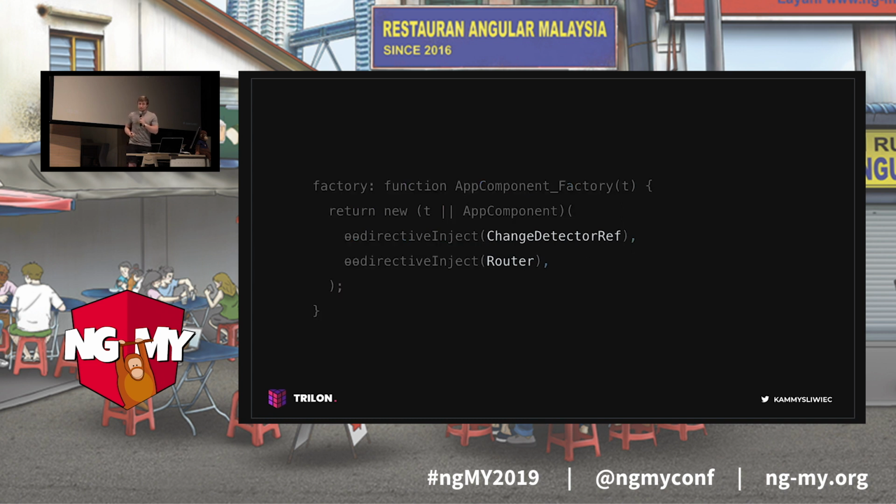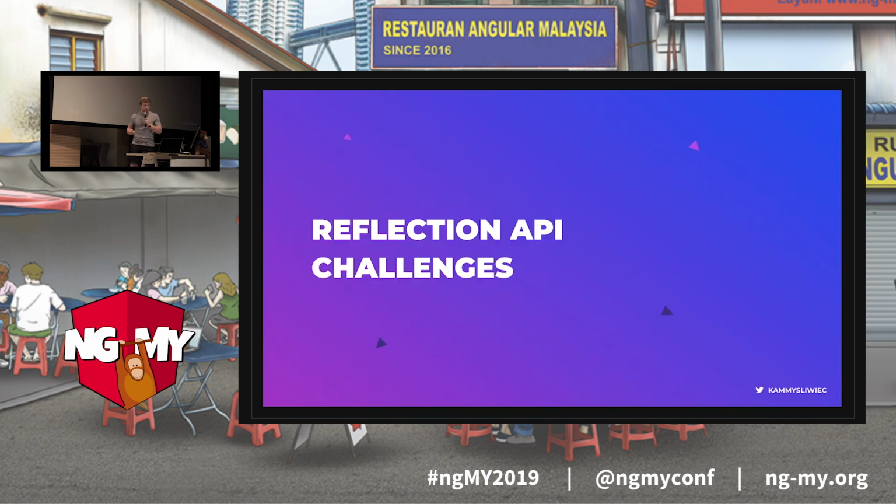In the next Ivy renderer, on the other hand, we don't have legacy ngFactories anymore. These were represented as additional files close to the original files, right? Instead, this is what the compiler will produce for us. Here you can see two dependencies, the same dependencies as before. Change detector ref and router.